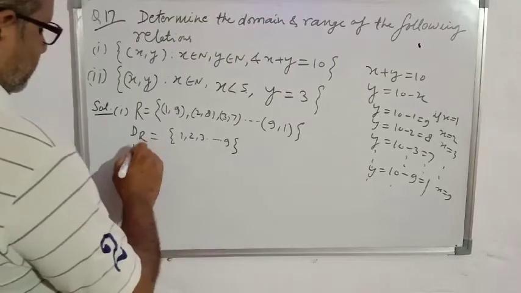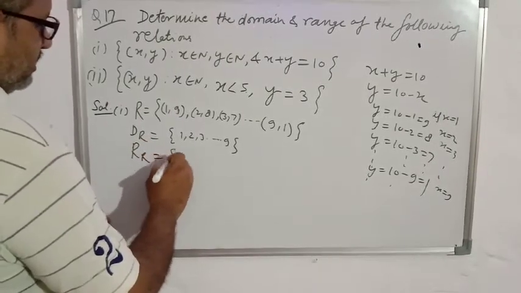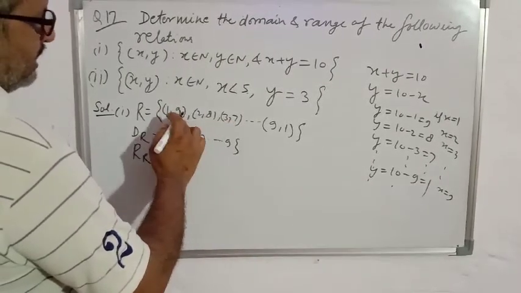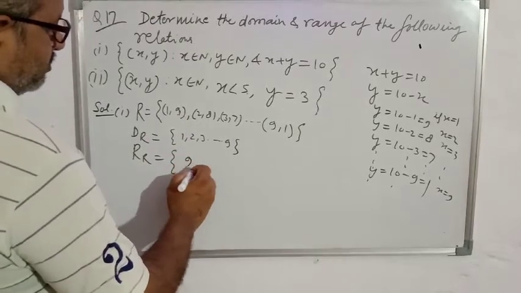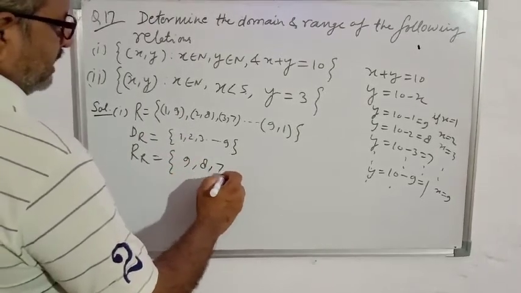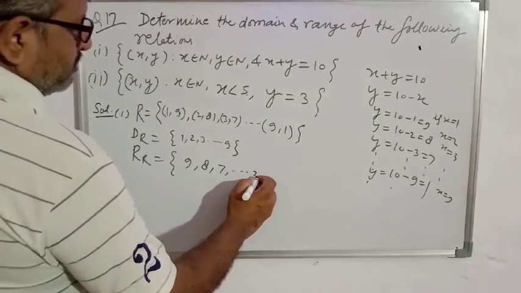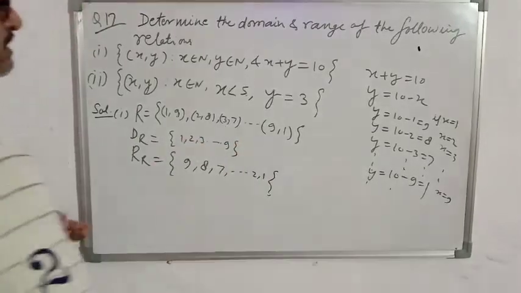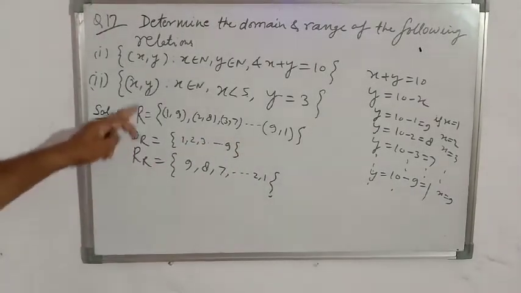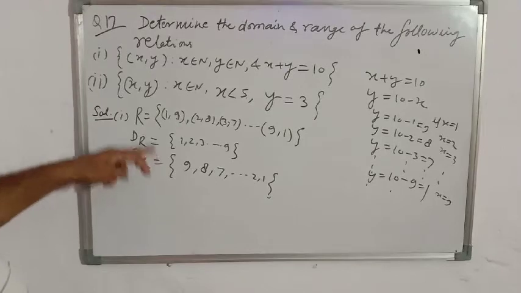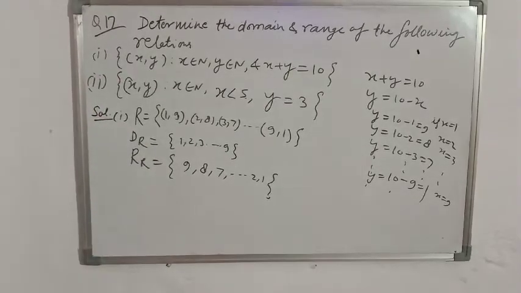And the range of the relation, the collection of second components, is 9, 8, 7 like this up to 1. So this is the domain and range of the relation of the first part.